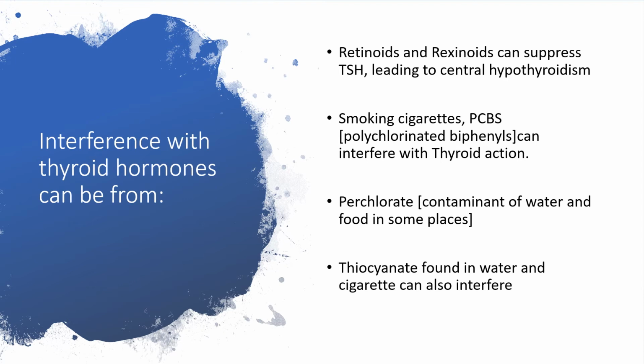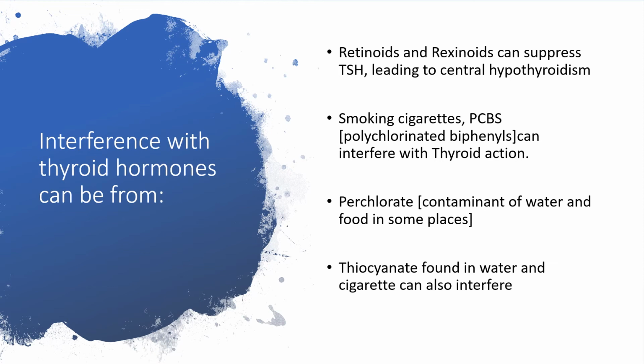So it is not out of place when taking history in case of hypothyroidism or any thyroid disorders to ask about history of cigarette smoking. And to my friends that are smoking, please check my channel. I have presented a full lecture on all different ways to achieve smoking cessation.